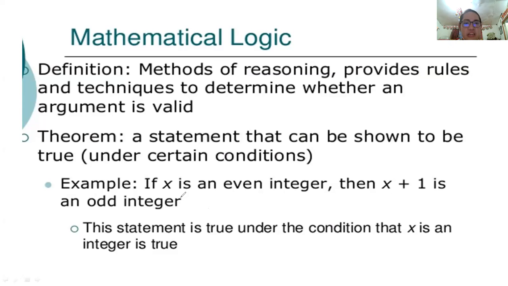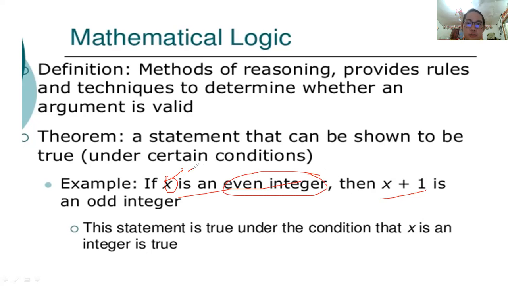If x is an even integer, then x plus 1 is an odd integer. So this statement is true under the condition that x is an integer, correct? So let's say x is even. So when we try to verify this one, we can substitute any value of your x as long as your x is an even integer.